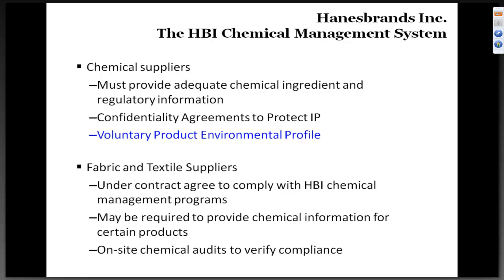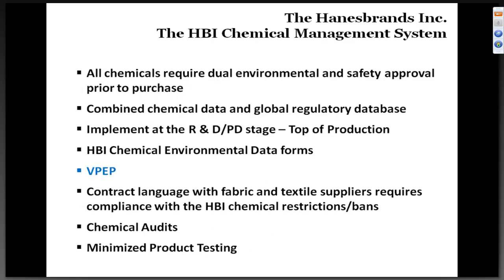They may be required to provide chemical information for certain products, and we do go on site and do chemical audits to verify they're complying with our programs. We do have communication set up so that we are not just discussing restricted substances and chemicals of concern, but when we have identified what we think are safer chemical alternatives, we communicate that information to them so that they have the ability to use those same products.